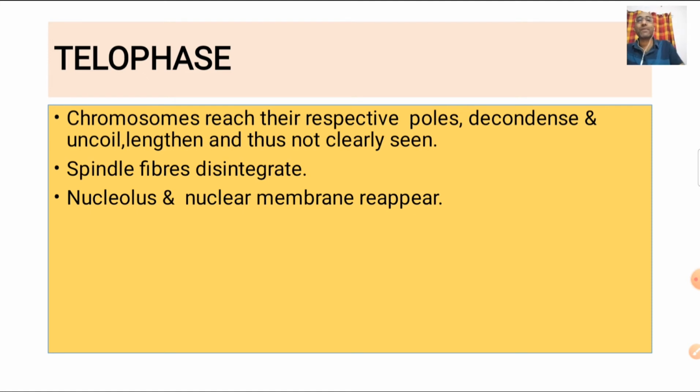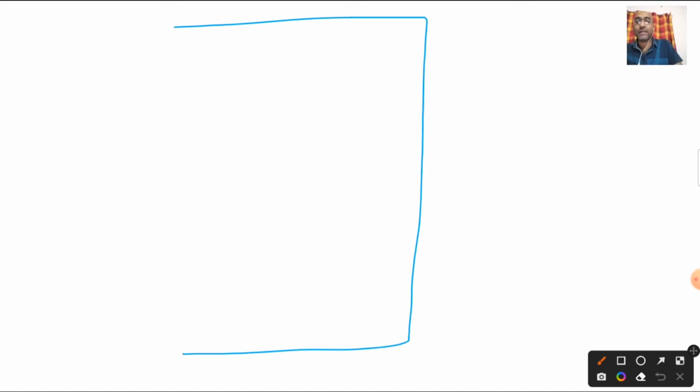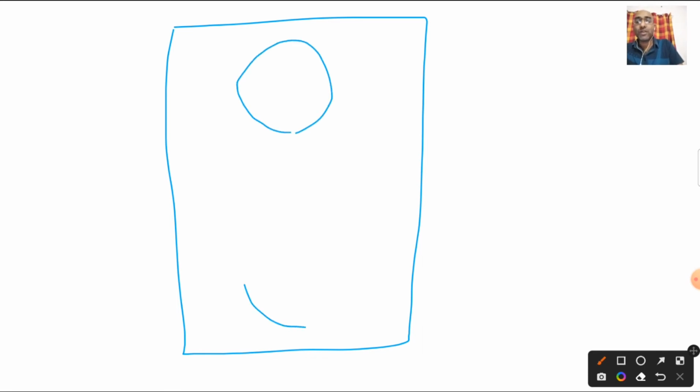So what happens during telophase? Let us see. As usual, this is the cell wall. Now chromosomes have reached the opposite poles, and the nuclear membrane and nucleolus have formed at the opposite poles. This is the nucleus, and this is the nucleus, inside which chromosomes are present, very thin and not easily visible.